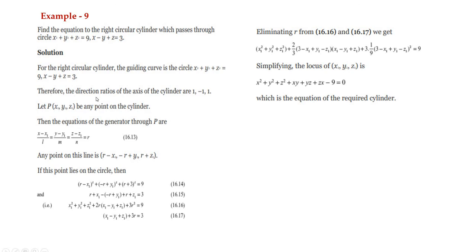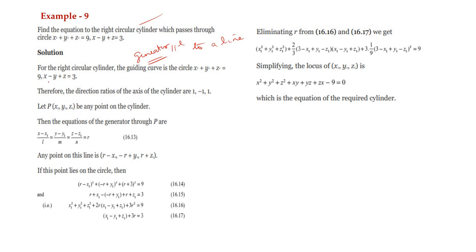Now the direction ratios of the axis of the cylinder are 1, minus 1, 1. The phrase generator parallel to a line is missing, so that is not given in this problem. We are just asked to find the equation of the right circular cylinder which passes through this.